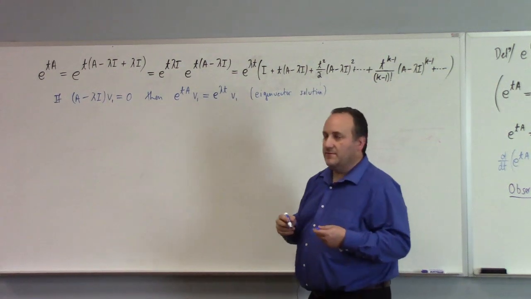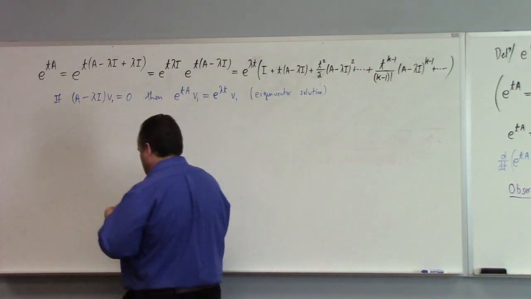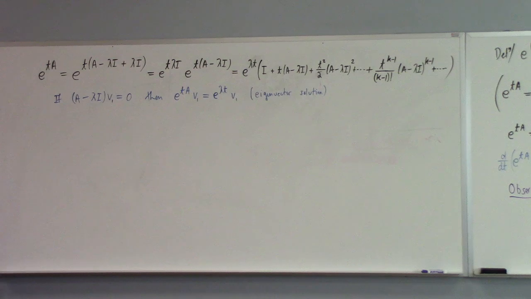Now, in this context, if lambda is complex, what happens?